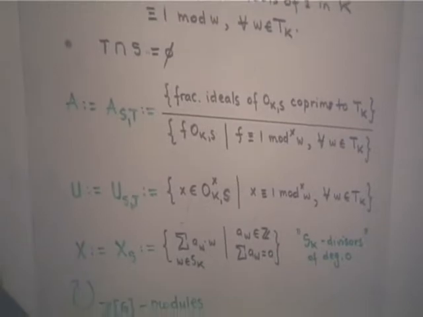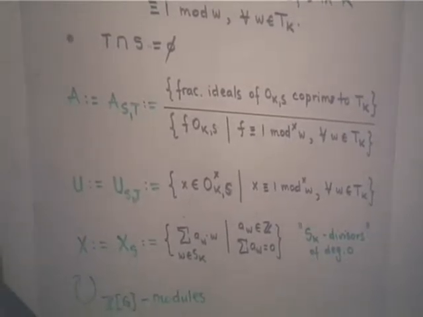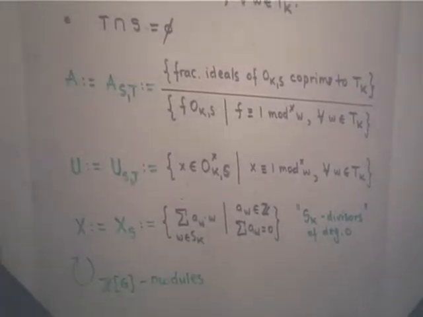And now, to this setup, I can associate some arithmetic objects. The first one is a generalized ideal class group, the so-called S comma T ideal class group. These are fractional ideals in the ring of S integers of the top field which are co-prime to T, mod out by principal fractional ideals in this ring which have a generator which is congruent to 1 modulo every single prime W in Tk.